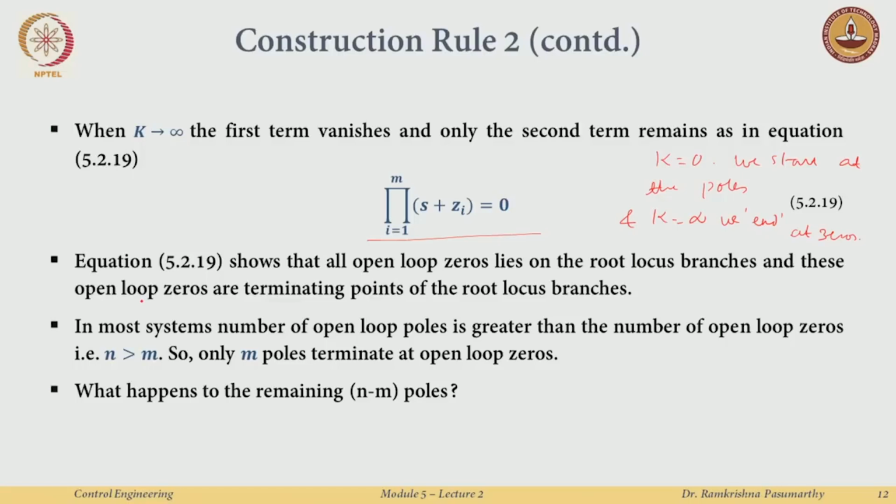But what we know is that the number of poles is usually greater than the number of zeros, or it could also be equal. The number of zeros is m, the number of poles is n. So I could say that only m poles terminate at zeros. What happens to the remaining n minus m poles?